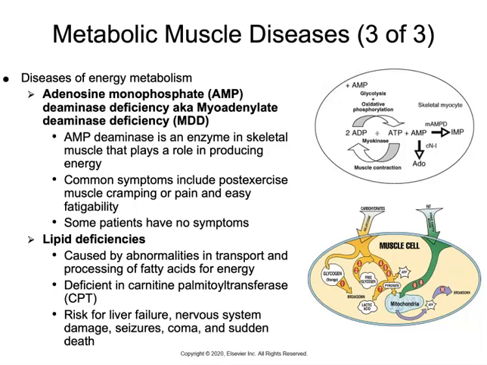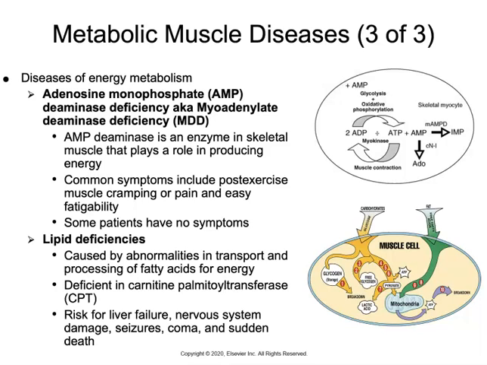These are rare, but we know that muscle cells use free fatty acids for energy, which are oxidized in our mitochondria. This process requires carnitine and the enzyme carnitine palmityl transferase, or CPT, in order to transport that long chain fatty acid to the mitochondria.